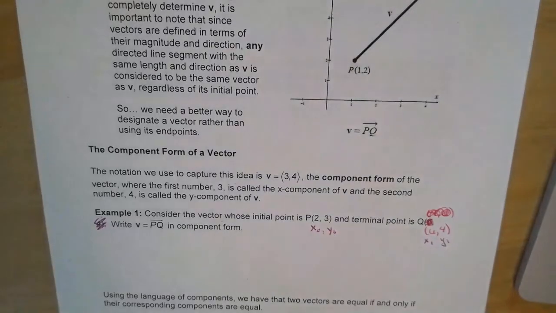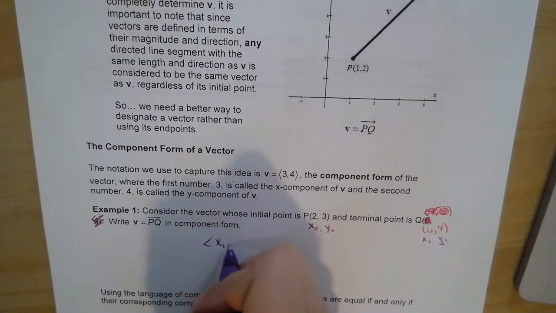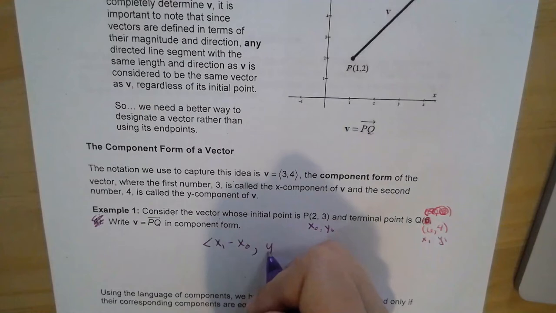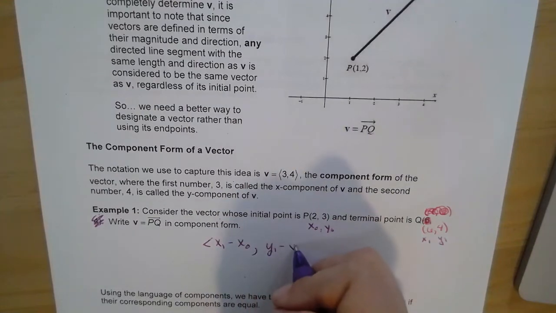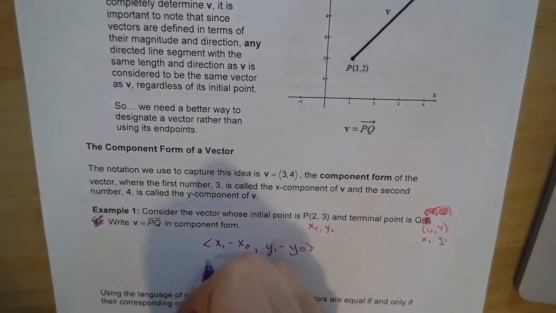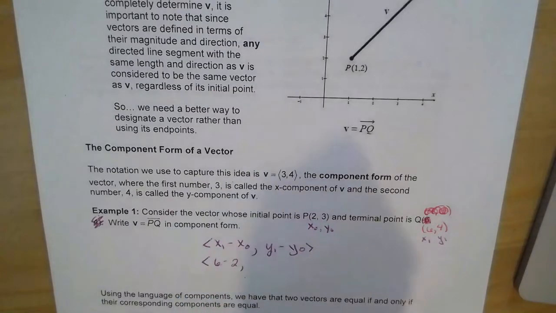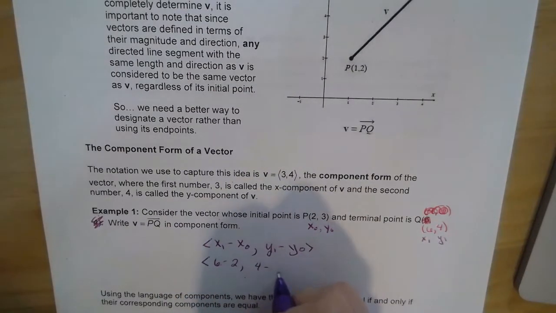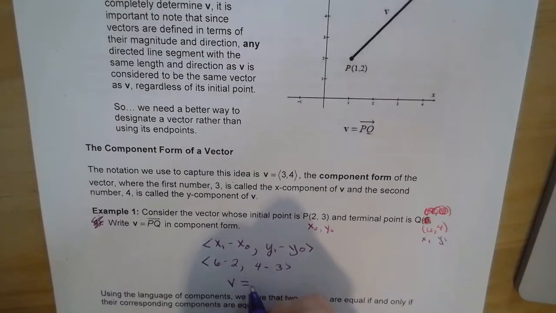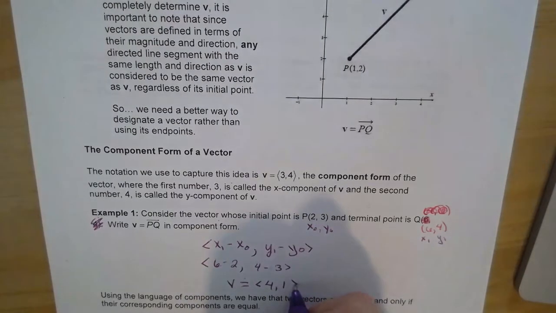The way to find the component form is to take x sub 1 minus the initial x, comma, y sub 1 minus the initial y. So in this case, we would have 6 minus 2 and 4 minus 3. So our V vector would be <4, 1>.